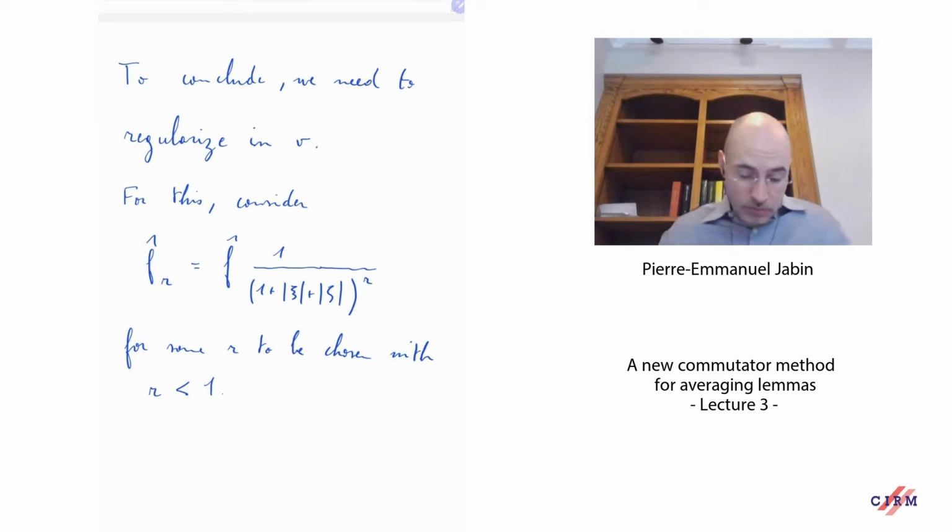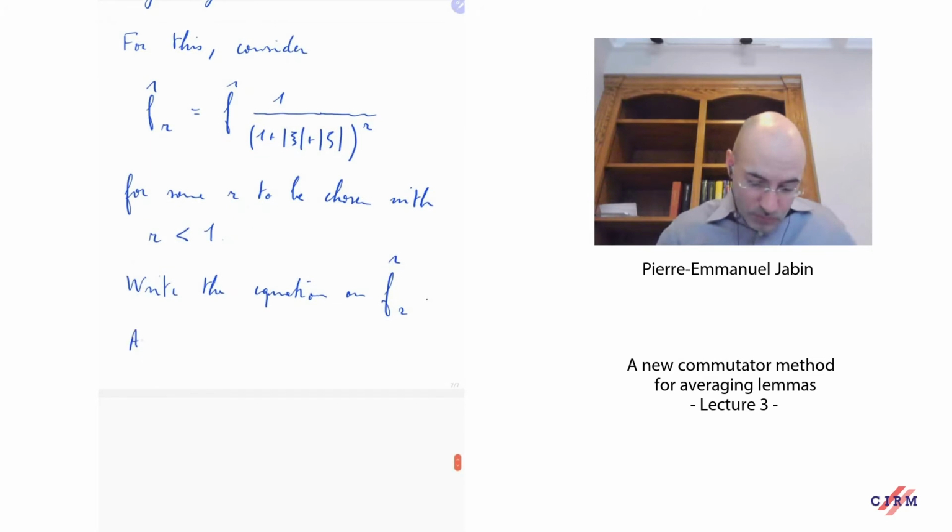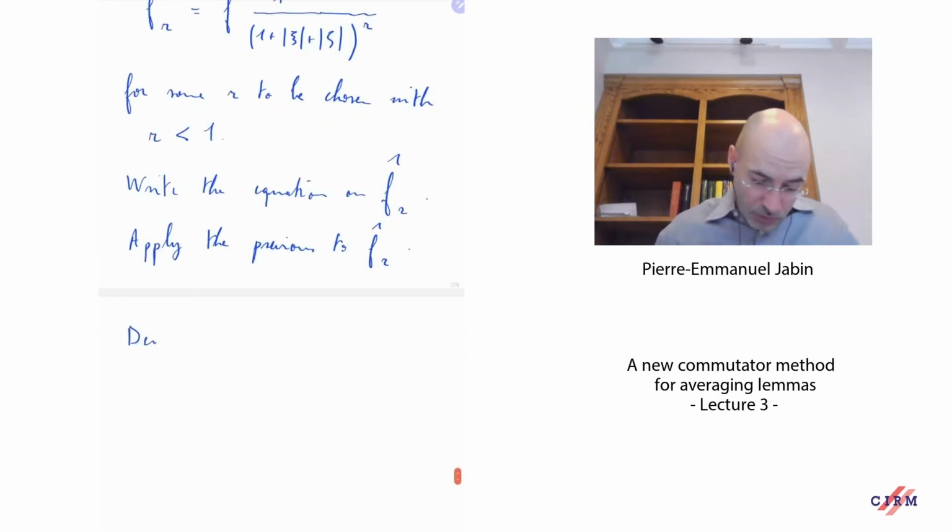You are writing the equation on F_R hat, apply the previous inequality to F at R, not F, and so in the end, you deduce the regularity of F hat, right?